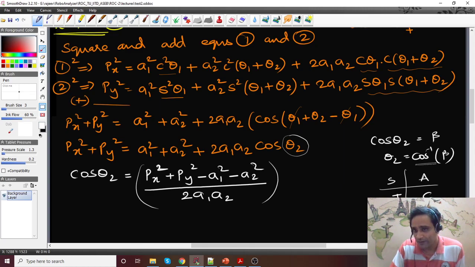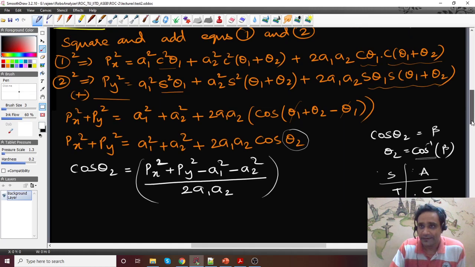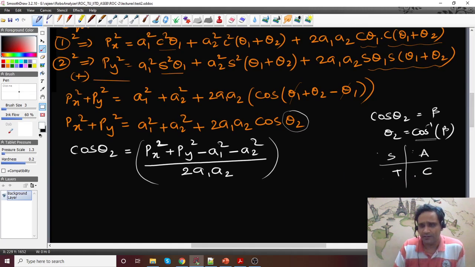If you get a positive answer, theta 2 could be in the first quadrant or fourth quadrant. If you get a negative answer, it could be in the second or third quadrant. We are not sure which one it is. So obviously there are two possible solutions, and whatever angle you get, you will get two solutions. Those two solutions we will get using a slightly different method now.